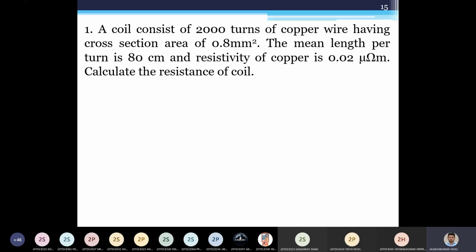Viral, roll number 35. Can you answer the question? Sir, back check it. He completed. Roll number 18, Raj.